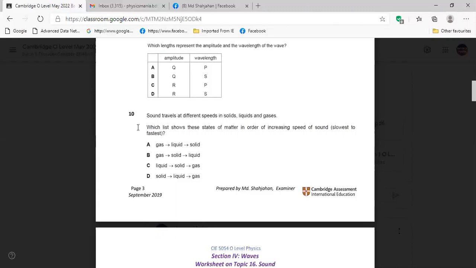That's why sound can transfer energy fastest in solid. Then in liquid, the molecules are a little bit farther apart, right? That's why in liquid it can pass faster than gas, but slower than solid.